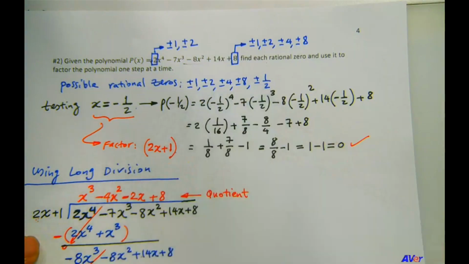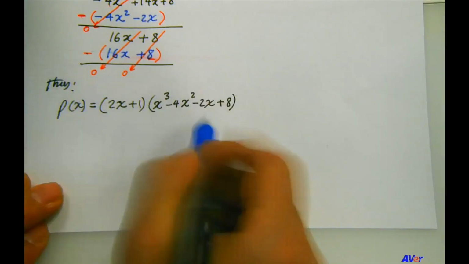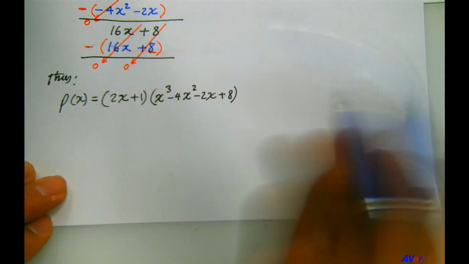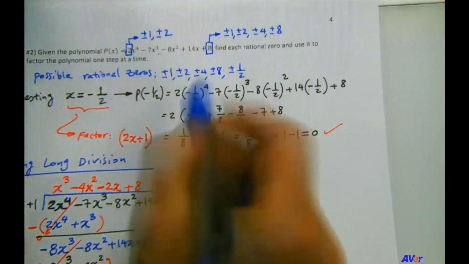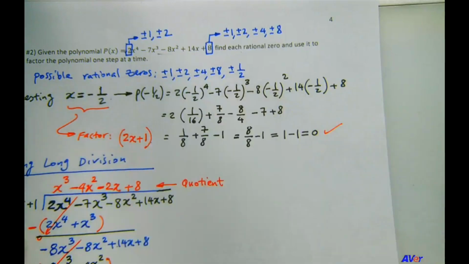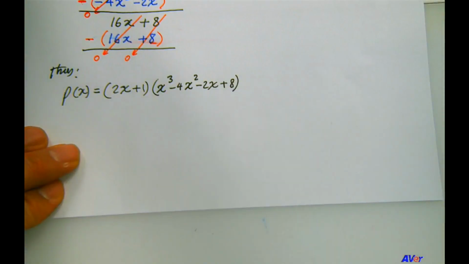So there are other numbers here that would give us the factors for this. But one way would be to test other possible rational zeros in this factor to see which one would make this equal to 0.